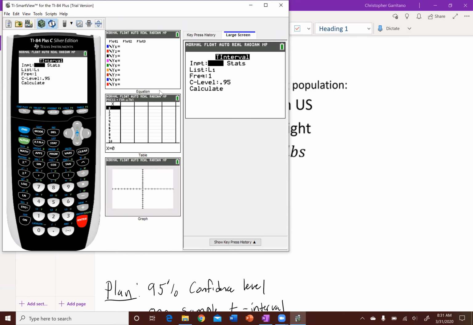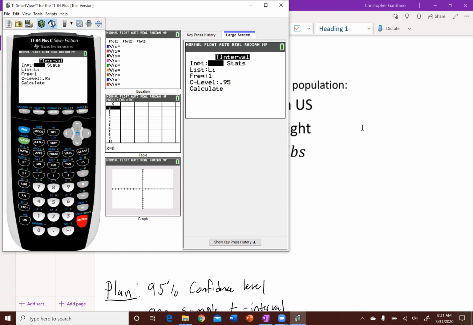Okay, so you'll notice that there are 2 input options. You could either input data or you could input statistics. So data gives you the option of choosing a list and a confidence level. Now, data would be if we had the individual data values, where we can input those individual data values into list 1 and then just run the T interval that way.